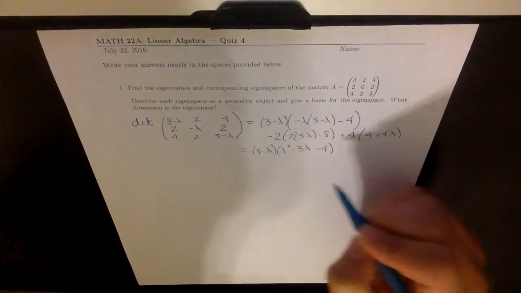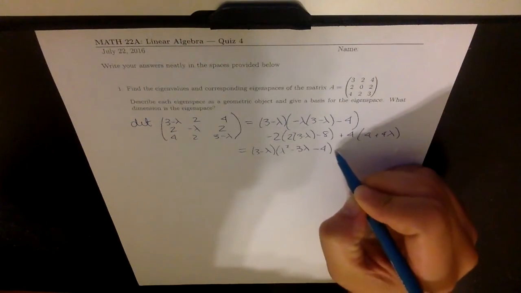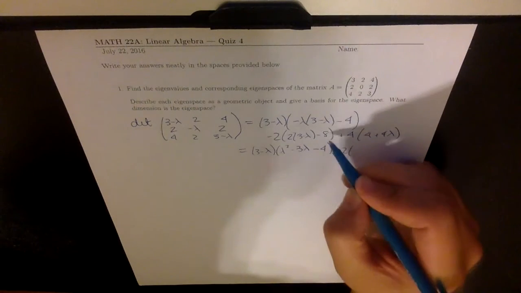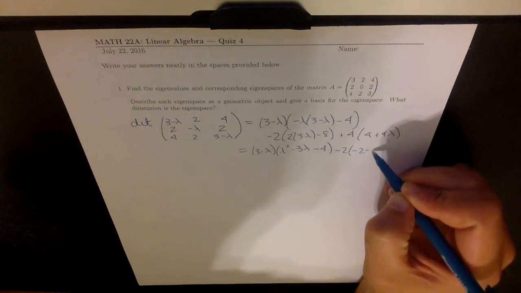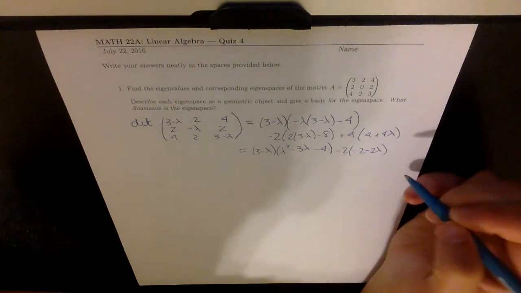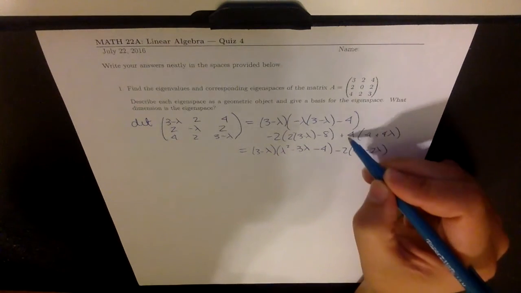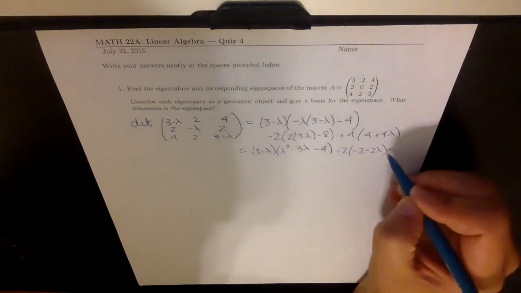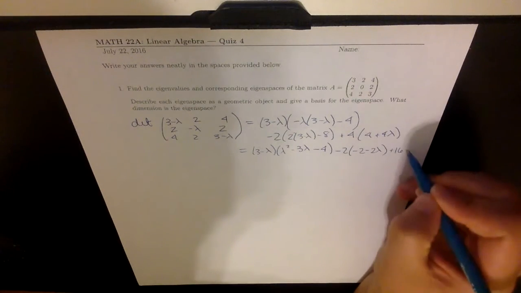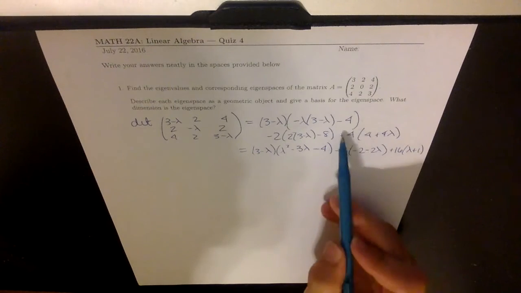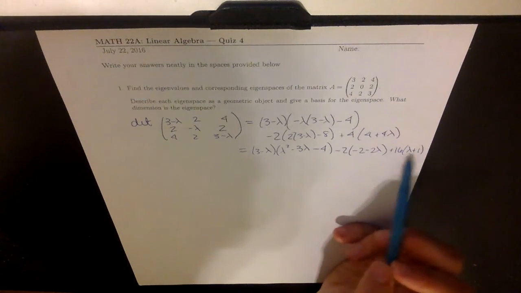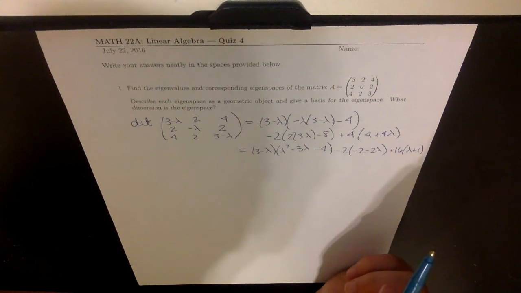Now I get a minus 2 times 6 minus 8 is negative 2 times minus 2 lambda. I'm going to factor a 4 out here, and I'm going to get plus 16 times lambda plus 1. So I factored out the 4, and I get a 1 plus lambda. I reordered it, so it's lambda plus 1.